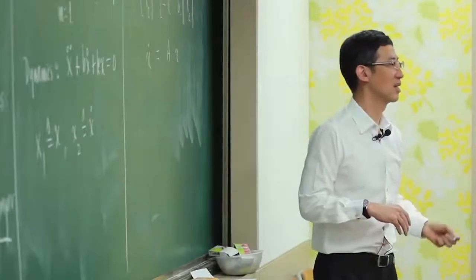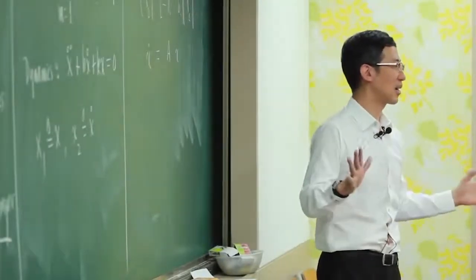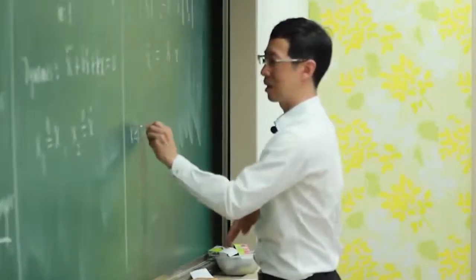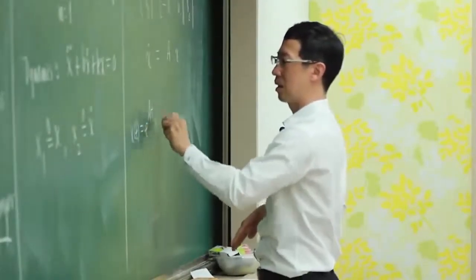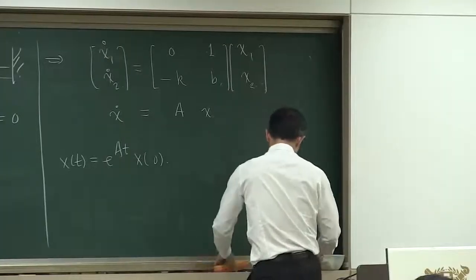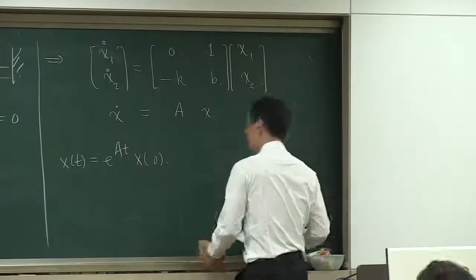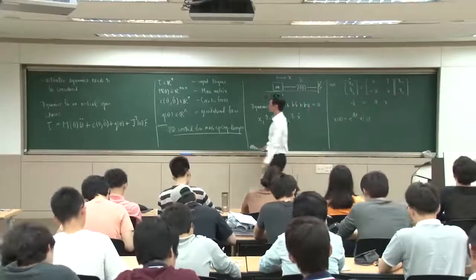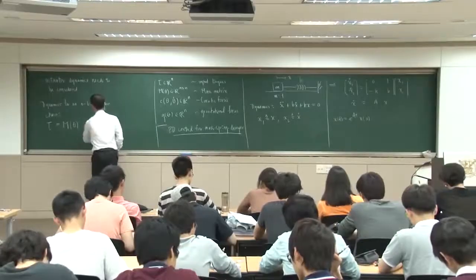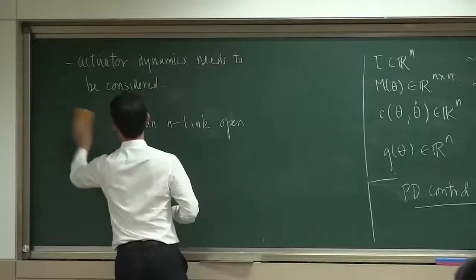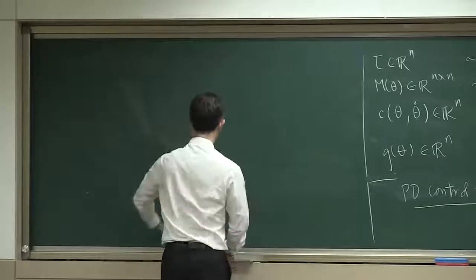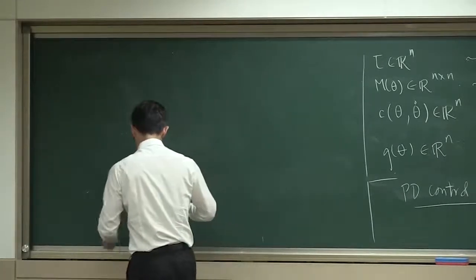This is a standard linear differential equation of the form x dot equals A times x, and we talked about finding solutions to this a lot. So x of t is e to the At times x0. Here is a convenient way of deriving the solution.